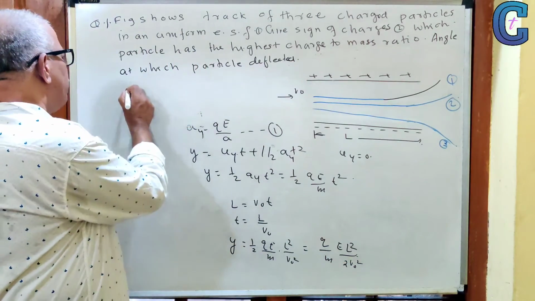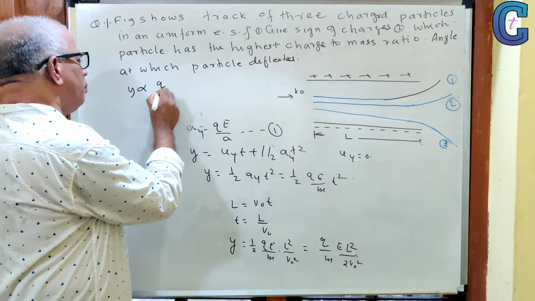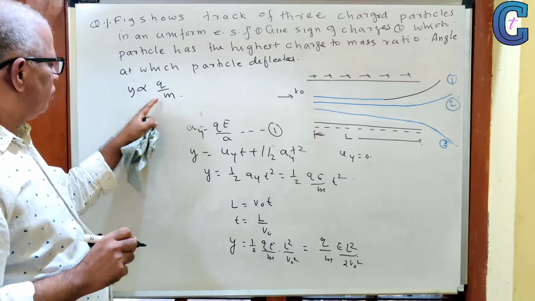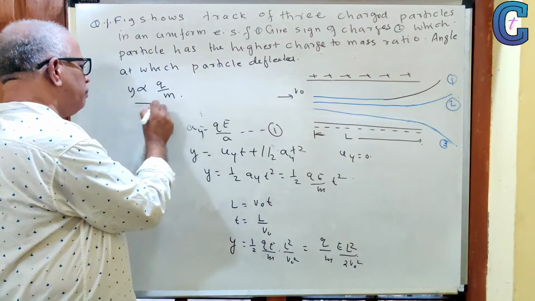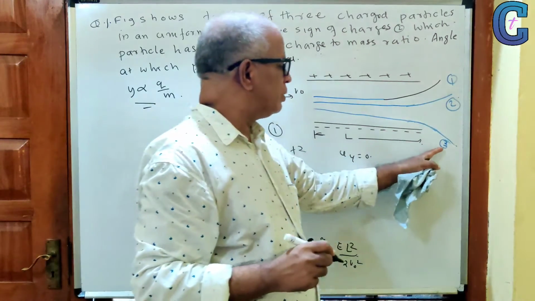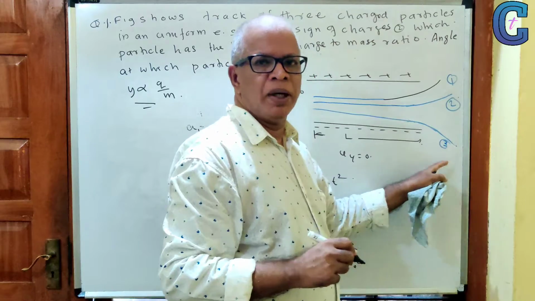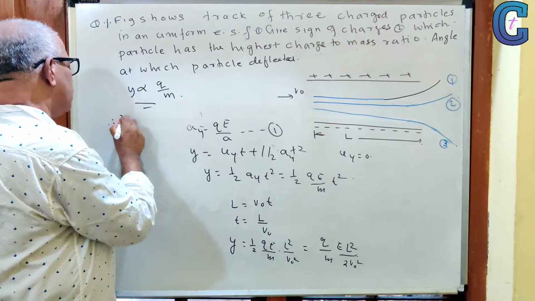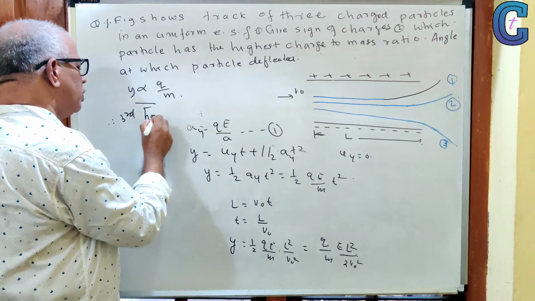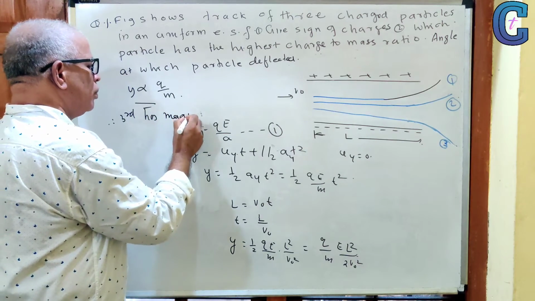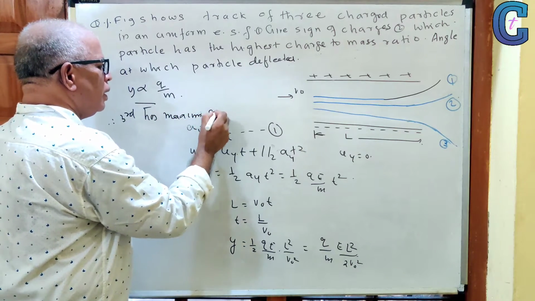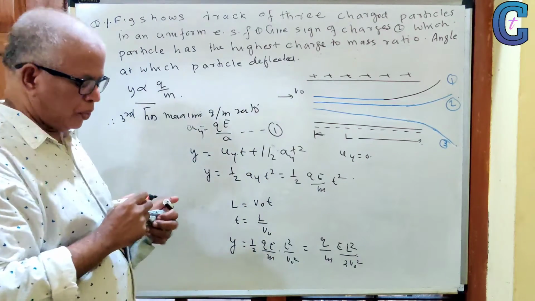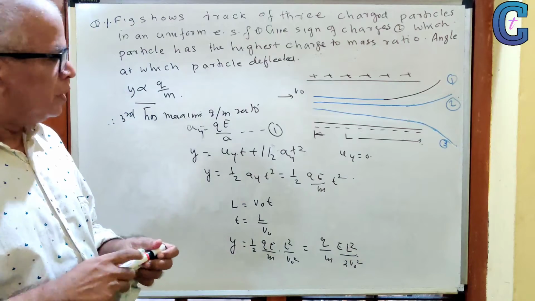So y is proportional to Q by M. Whichever has the maximum Q by M ratio has the maximum deflection. Therefore, the third charge has got maximum deflection. The third charge has maximum Q by M ratio.